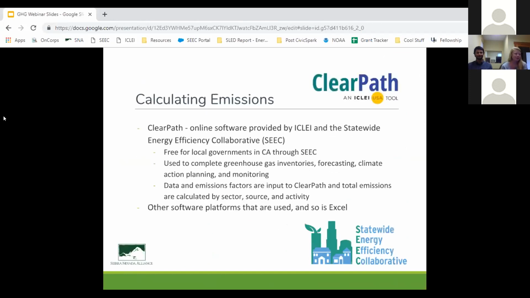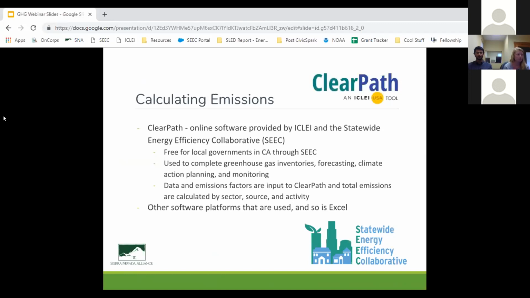So calculating emissions, Sam and I have been using ClearPath, which is an online software provided by ICLEI and the Statewide Energy Efficiency Collaborative, also known as SEEC. So it's free for local governments in California through the Statewide Energy Efficiency Collaborative. There are a ton of different resources in ClearPath. It's used for completing greenhouse gas inventories, forecasting for future emissions, climate action planning, and monitoring.